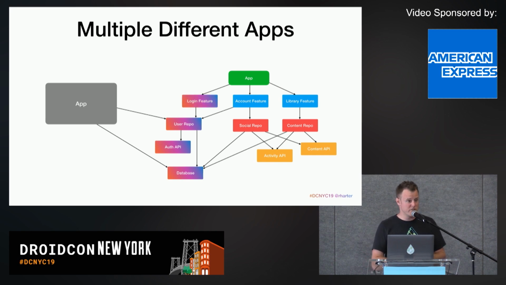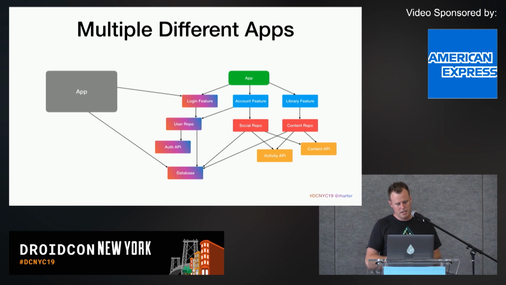Move on to the login feature, convert it to multi-platform, test, everything's working, hooray, we update our iOS app to use that. And so in this case, both of the apps, iOS and Android, are implementing the UI, but they're talking to the view model that's inside that login feature. And again, now that it's using the login feature, it doesn't need to know about the user repository, and it gets to shrink just a little bit more.